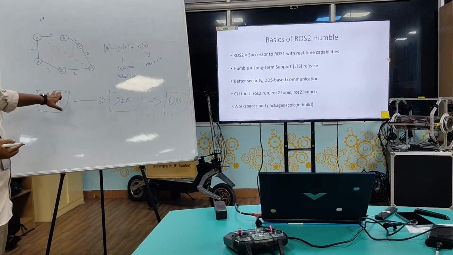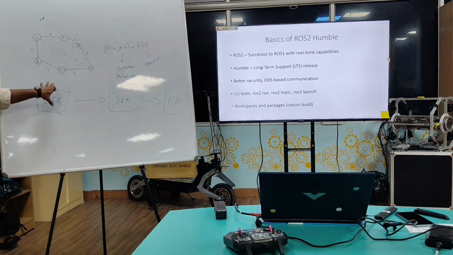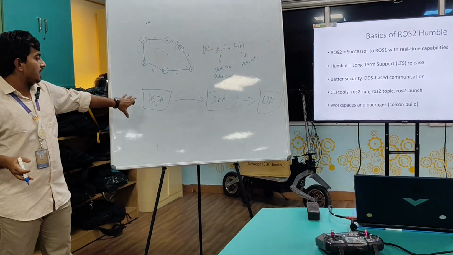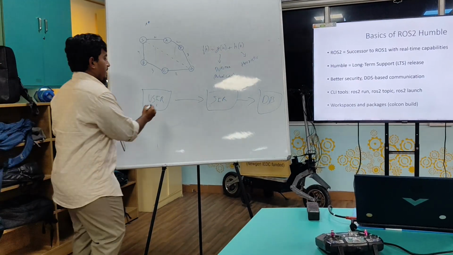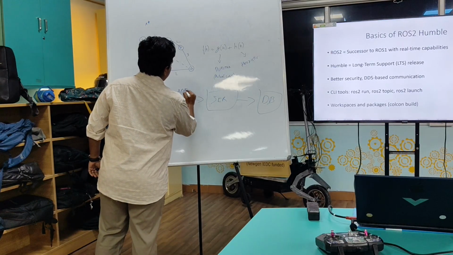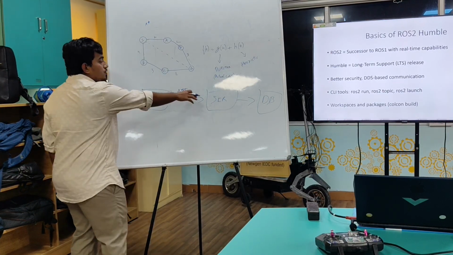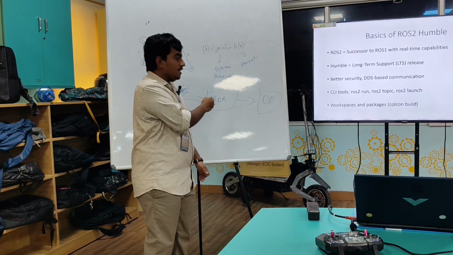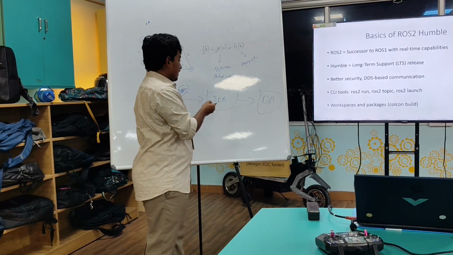So here let's say this is the browser window, your tab, and you click a video, and an API is sent to the server. The server will process the API and get the data out of it.